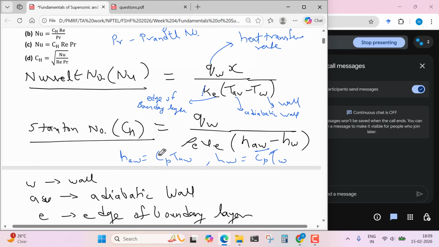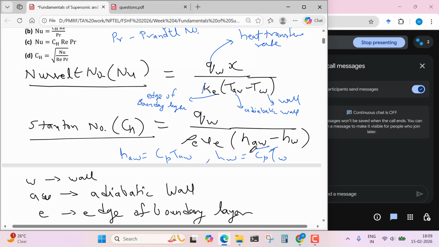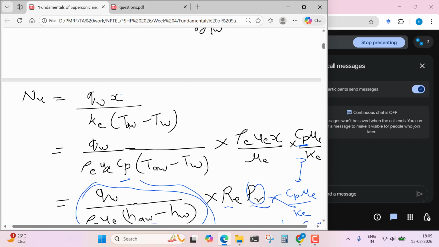And one more thing is that in Stanton number, with this Haw minus Hw, there is also rho e Ue. So we will also multiply by rho e Ue and divide by rho e Ue.